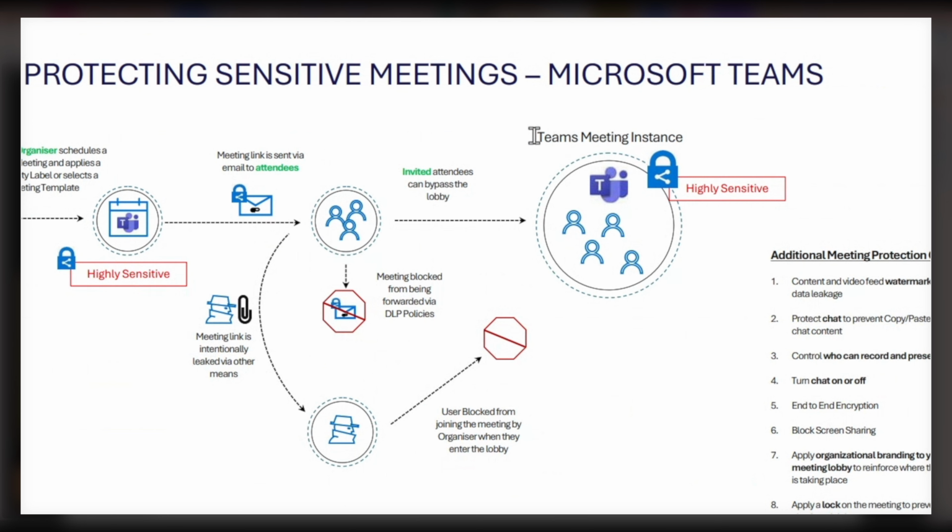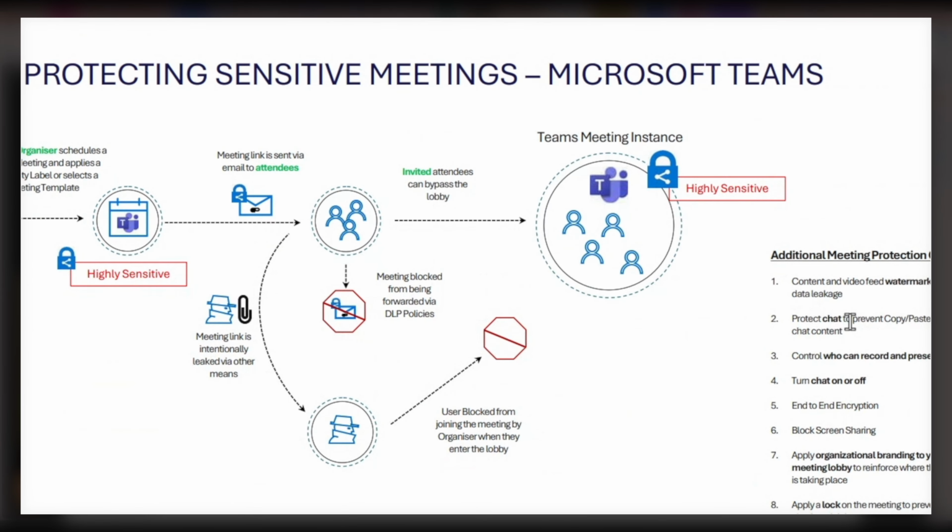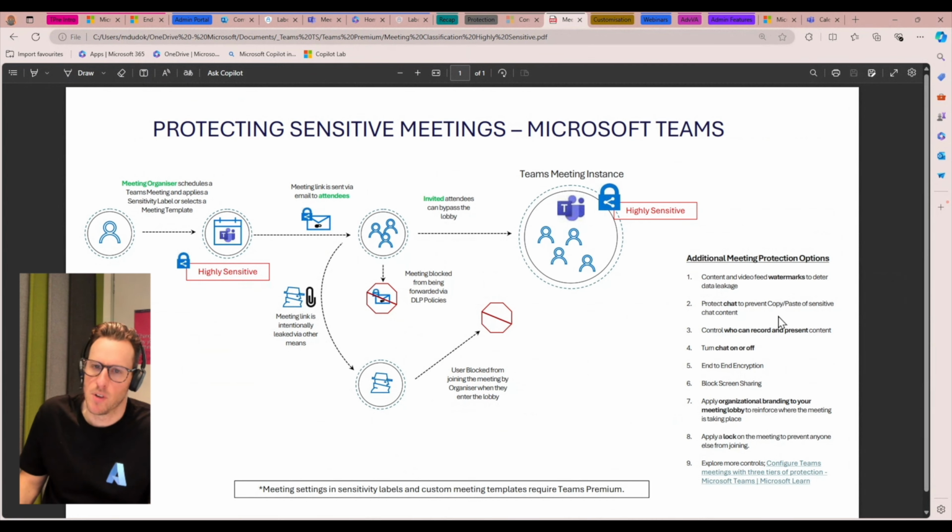So once we have that meeting stood up and in progress, all of those controls that I was talking through earlier, watermarks, maybe we're going to prevent chat. There's a whole raft of things we can do, as I've shown you, to protect those highly sensitive meetings that your organization might have.